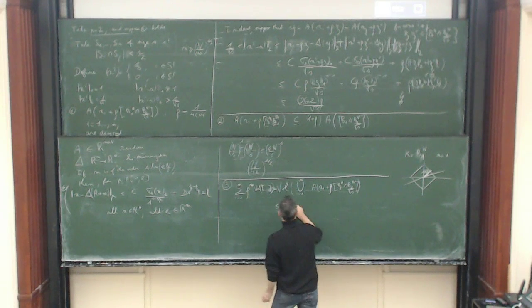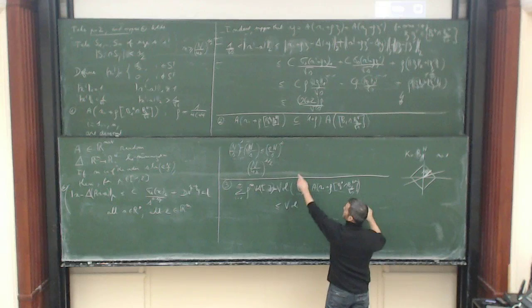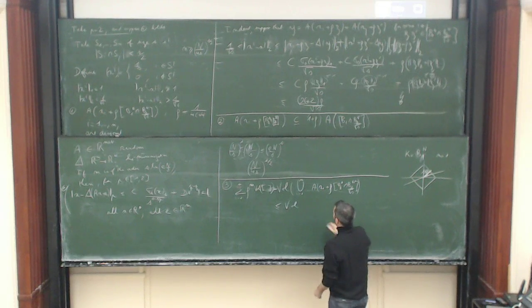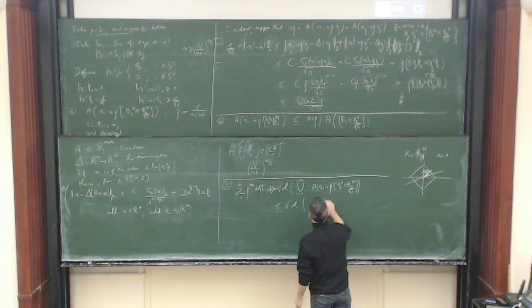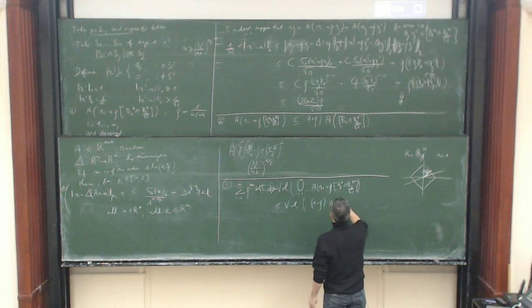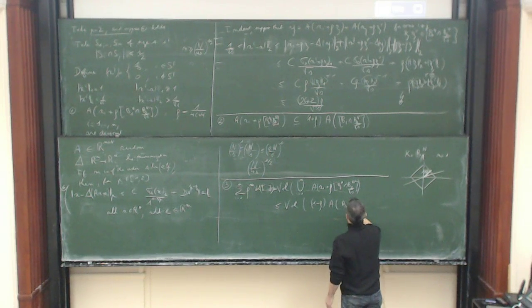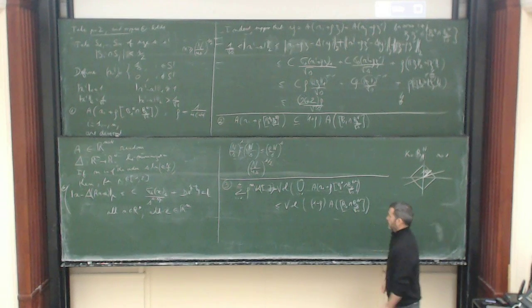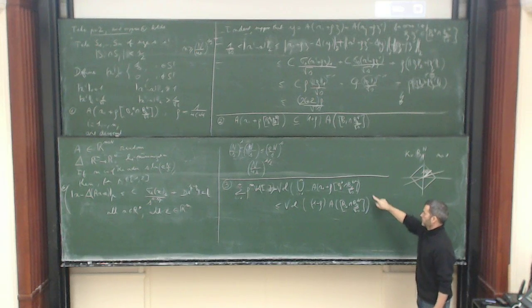Now, because this union is included in 1 plus rho times A of B1 intersection B2 scaled by 1 over square root of s, this volume is smaller than that one, right?